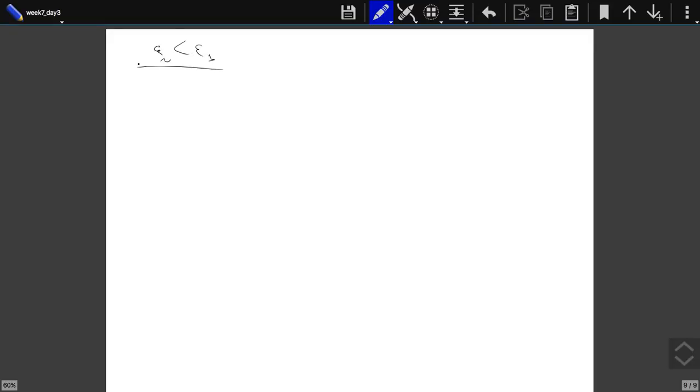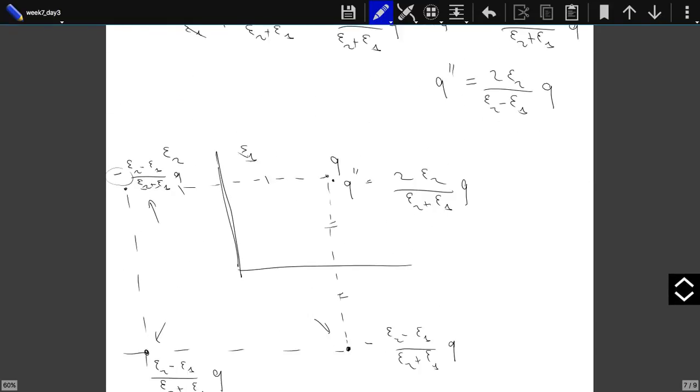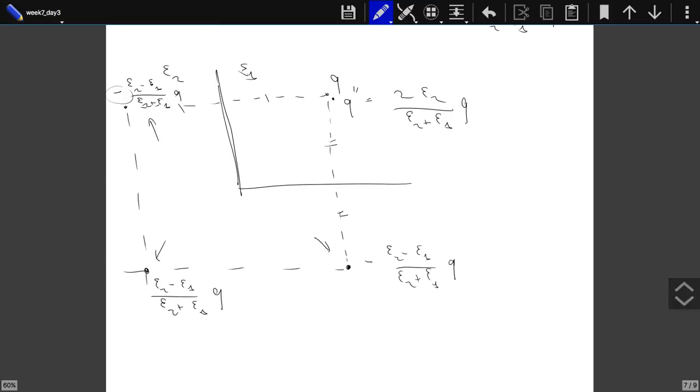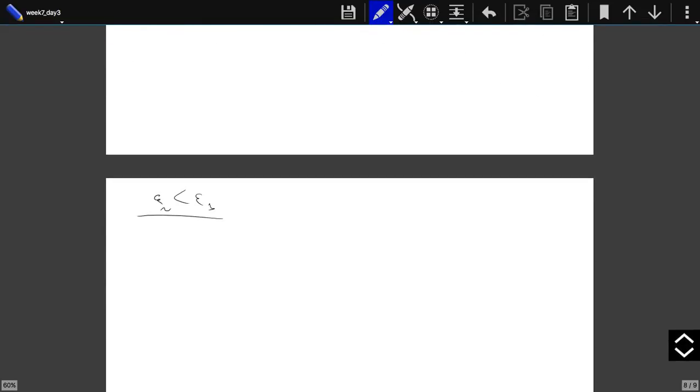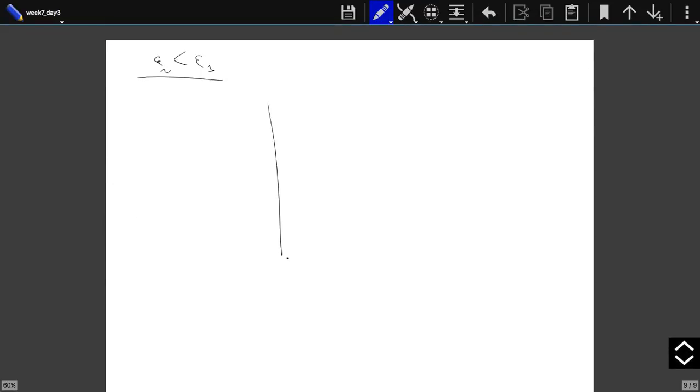Epsilon 2 is less than epsilon 1. You see, if epsilon 2 is less than epsilon 1, epsilon 2 minus epsilon 1 is negative. If epsilon 2 minus epsilon 1 is negative, the image charge over here will be positive, not negative. So we have a test charge over here. This plus Q will be Q4, which is larger than 0. Here we have Q2, larger than 0. Here we have Q3, less than 0.